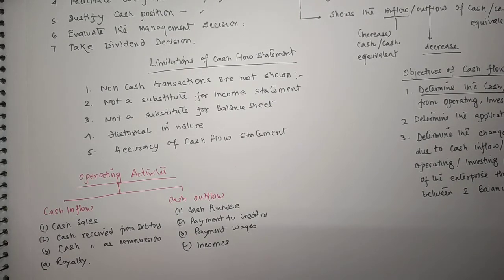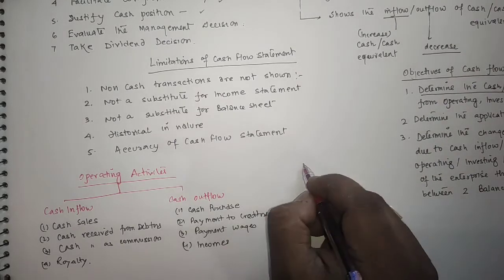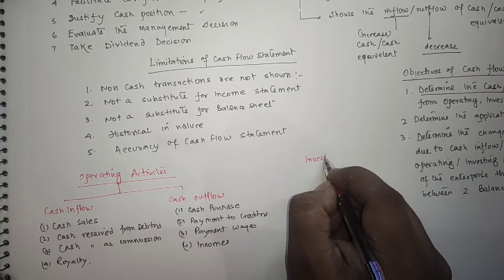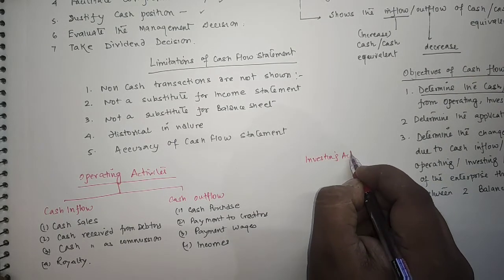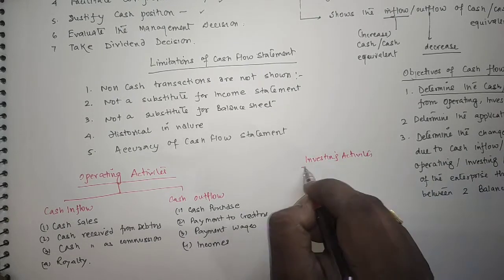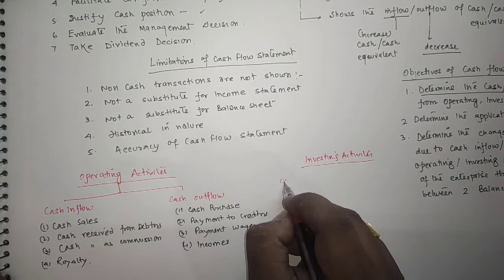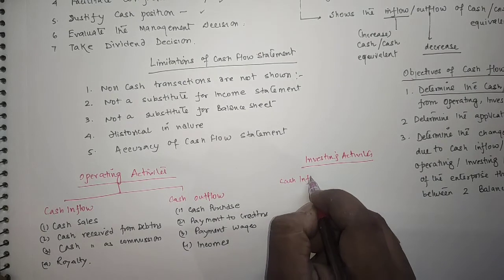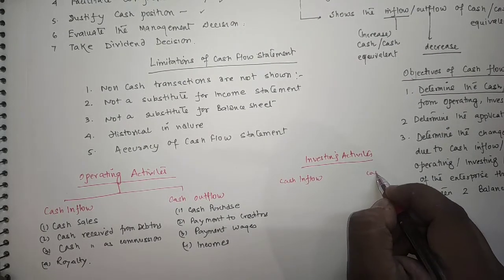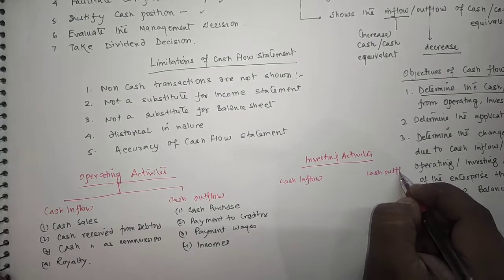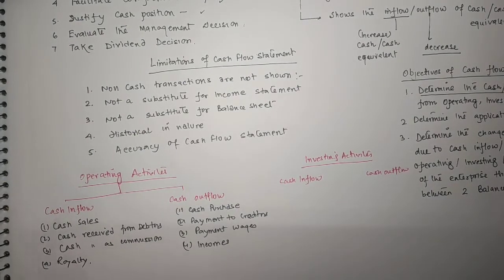Now next we have investing activities. In investing activities also, we have cash inflow and cash outflow. What are the items under cash inflow?